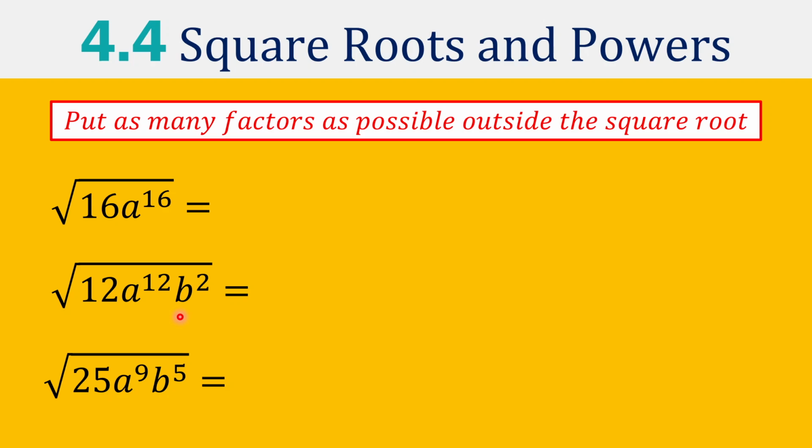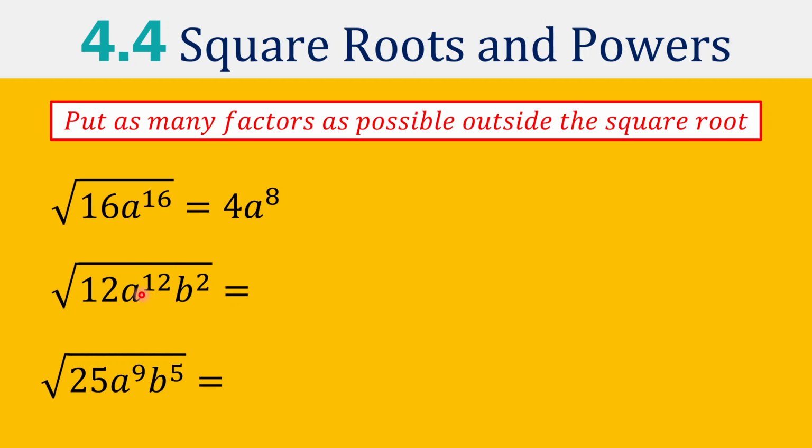So let's practice. What's the root of 16a to the power of 16? Remember, numbers in front you just calculate as you normally do. So root 16 becomes 4, and root a to the power of 16 becomes a to the power of 8, right? Because you divide 16 by 2, which gives me 8.